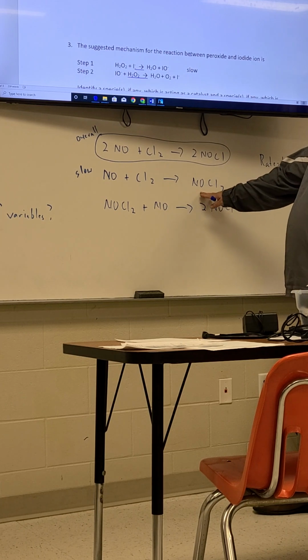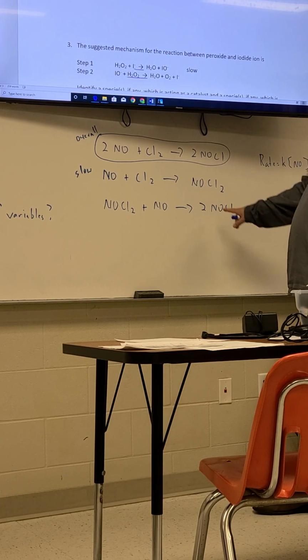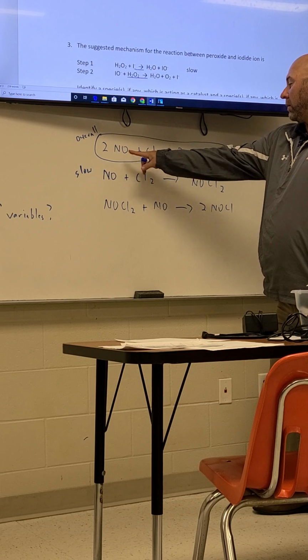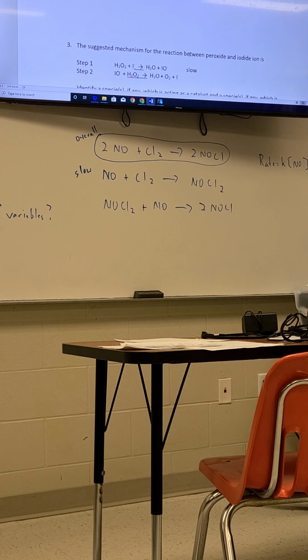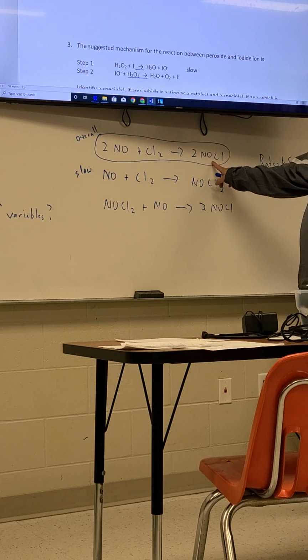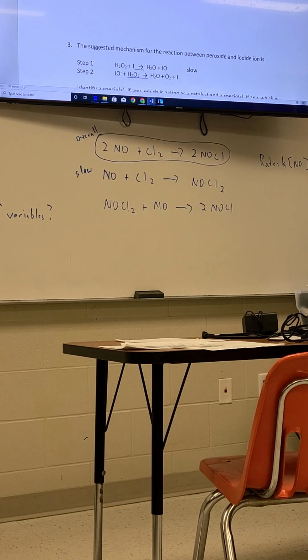And then we can use this as an intermediate, combine it with our leftover NO, and we know that this is going to be the product. Because on mine I had NOCl here, but the other one was NOCl2, and I was like, they have different subscripts, they can't cancel. Okay, so that was all just writing the equation.